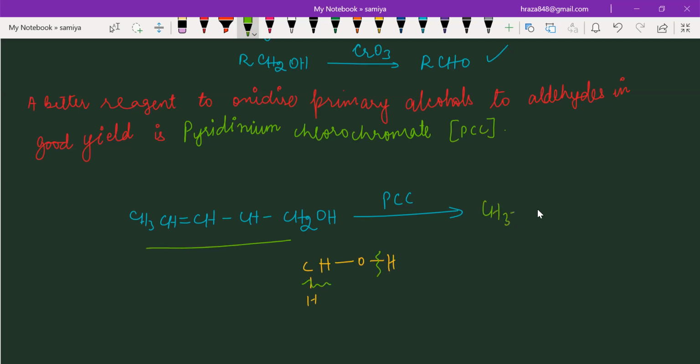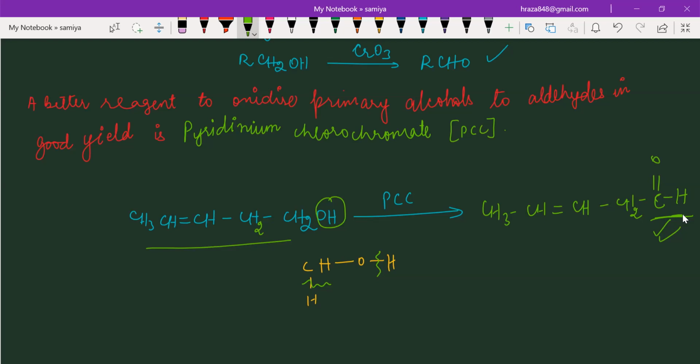So it will be CH3, CH, double bond, CH, and then CH2, and then C double bond O. So you can see this alcohol oxidizes into aldehyde easily. Please write it. So primary alcohols oxidize into aldehyde and then carboxylic acid.